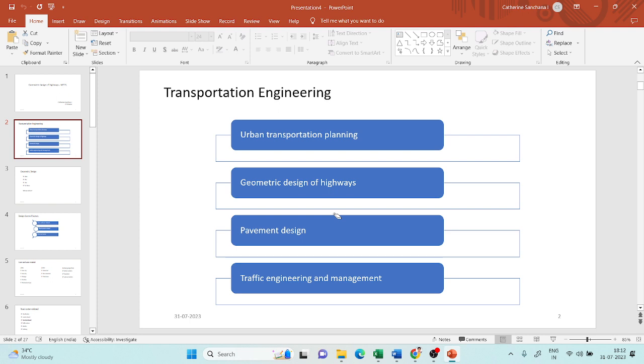So our focus is on geometric design of pavements. In this transportation engineering course, we are going to discuss only highways.